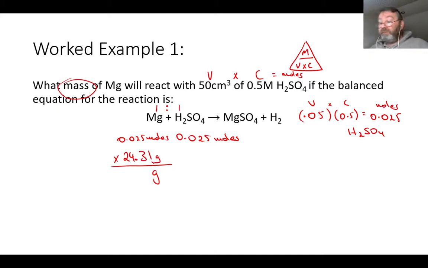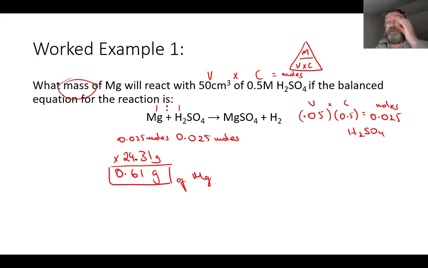And you simply multiply 0.025 by 24.31, and you end up getting 0.6077. So you could say, if you want to round it off, 0.61 grams of Mg.